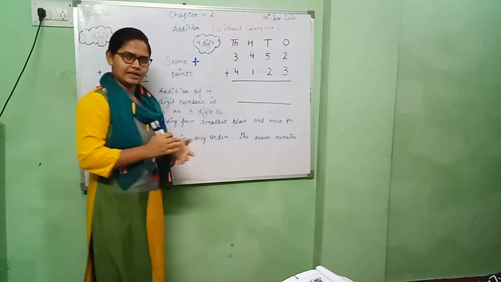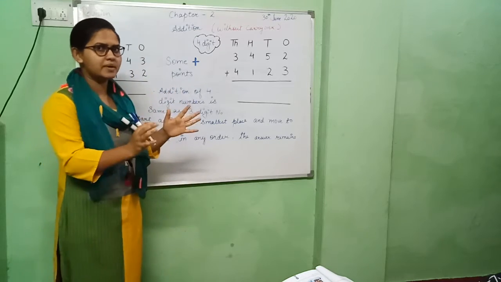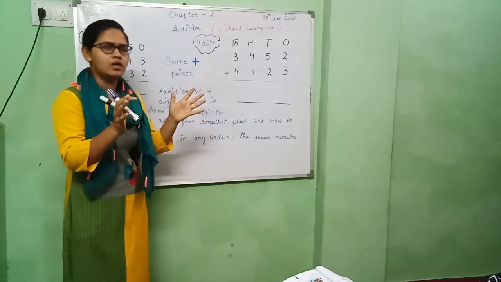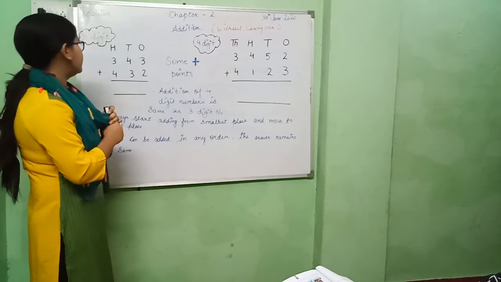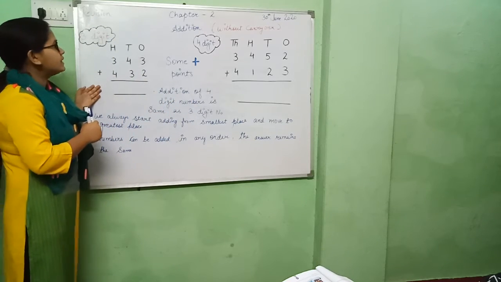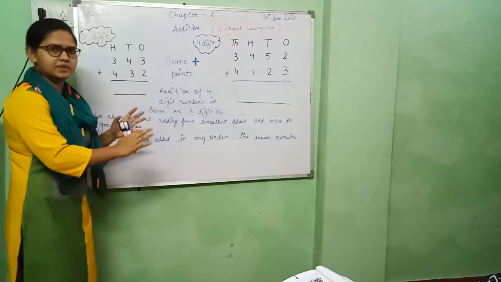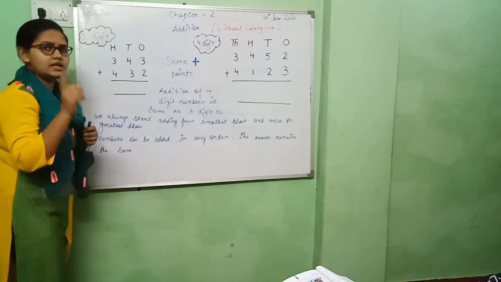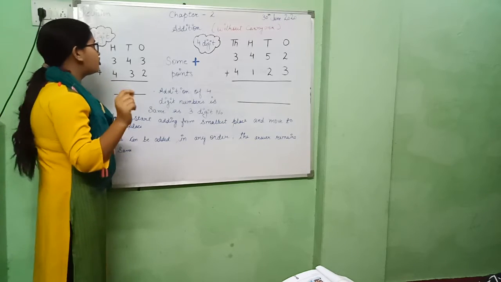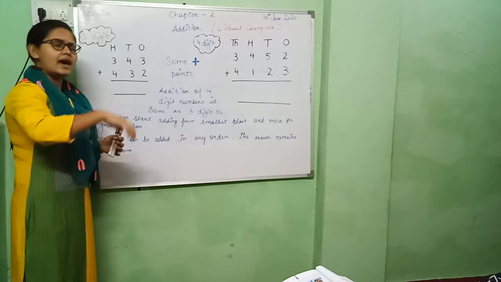So let's start, and when we do the sum, you will get the proper explanation, and surely you will get the sum. Firstly, there are some points which we learn through the chapter. Let's start with the 3 digit. Firstly, you have to remember that you have to divide the numbers into sections.